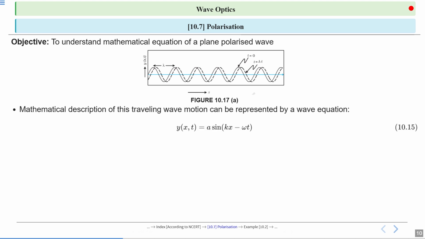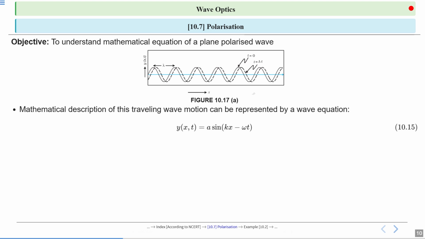So here is the wave equation. y(x,t) means the displacement of the wave is a function of position and time. x means position and t means time. So displacement is a function of both position and time.